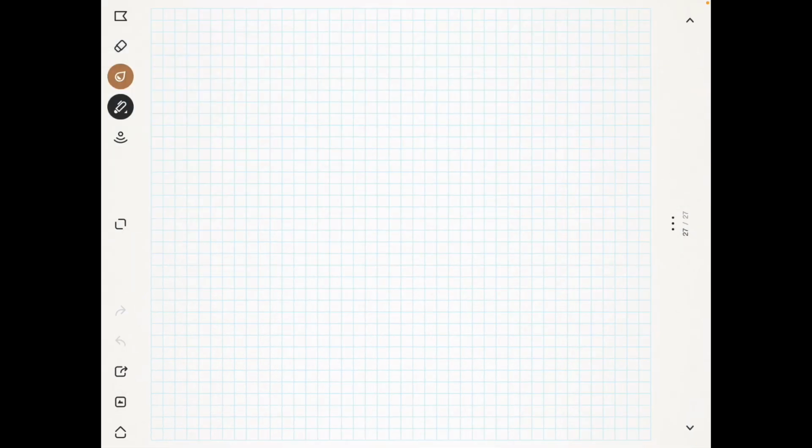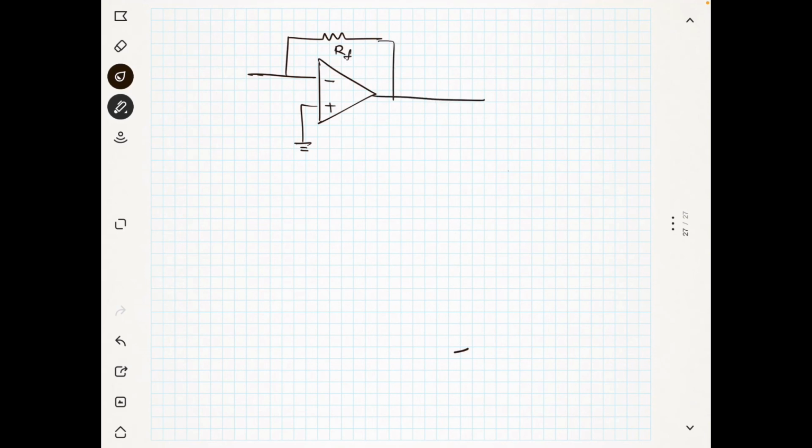Now we will see the circuit diagram. You have an inverting amplifier, so the non-inverting terminal will be grounded, and this is your Rf. Now you need the RC network here. So what is that RC network? You have one capacitor C1 and R1, one RC network.